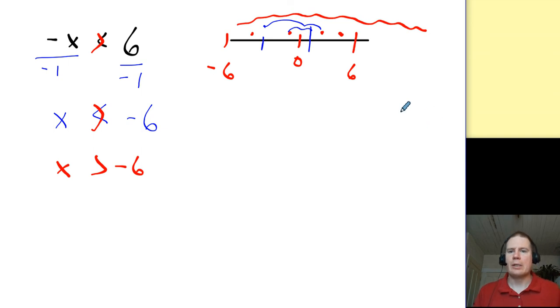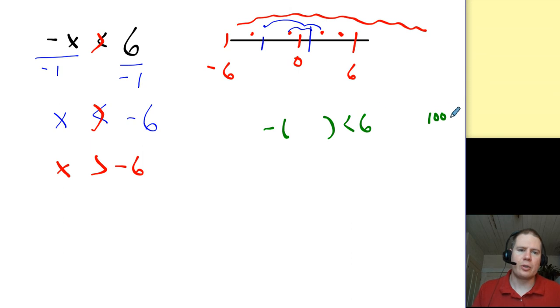Let's pick a number for x. Let's say x is 1,000. The opposite of 1,000 is less than 6, so 1,000 works. Let's say x is 10 billion. The opposite of 10 billion is negative 10 billion.